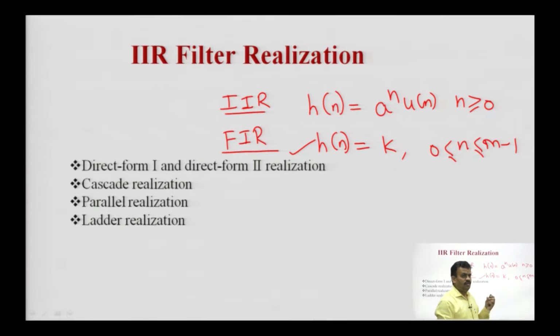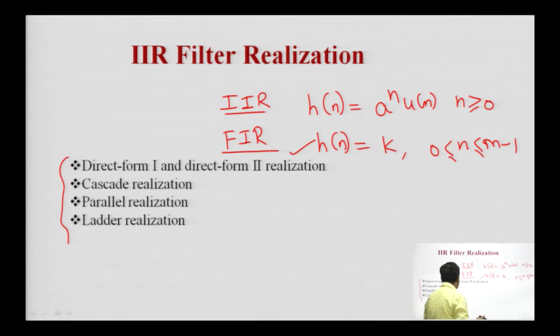At first we see IIR filter realization. There are these methods for realization in IIR: direct form 1 and direct form 2 structures, cascade realization, parallel realization and ladder realization.